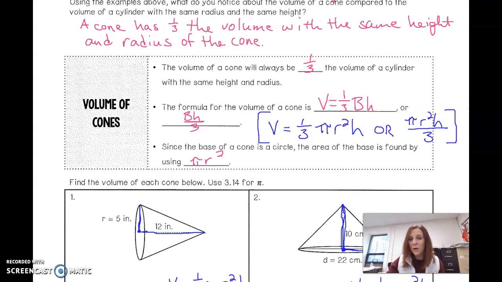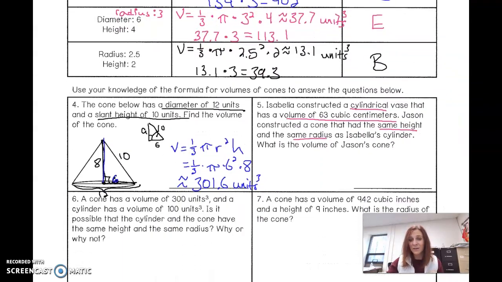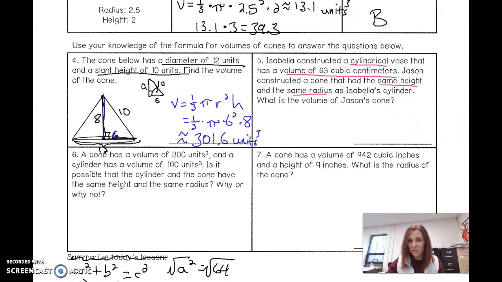Volume of a cone will always be 1/3 the volume of a cylinder with the same height and radius. Well, they have the same height and radius. The cylinder is 63. We can multiply that by 1/3 or divide by 3. And when you do that, 21. So a lot of these, it's knowing that relationship. We didn't even have to do a lot of math for that one.